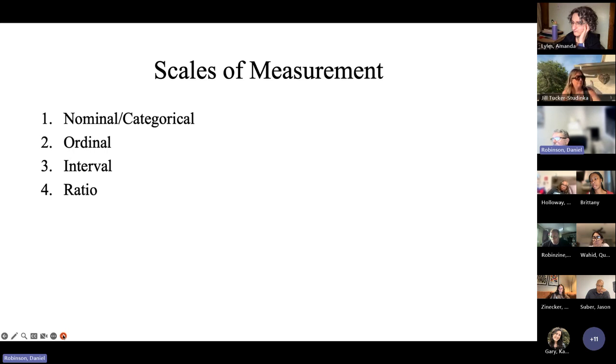Now, the thing about ordinal is there's an order there. 3 is worse than 7, and 7 is worse than 10, but we don't know if the exact distance between those numbers is precise. In other words, is 7 much better than a 3 than 10 is from a 7 because there's 4 versus 3? We don't know that with ordinal. All we know is there's an order.